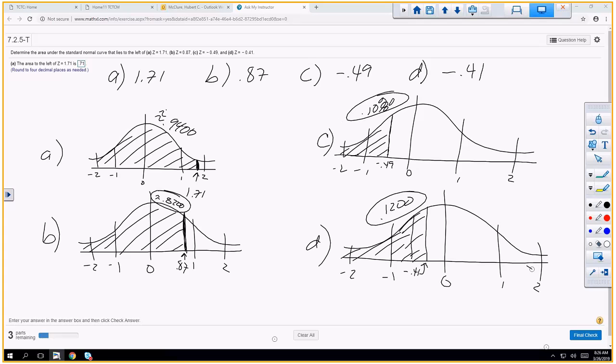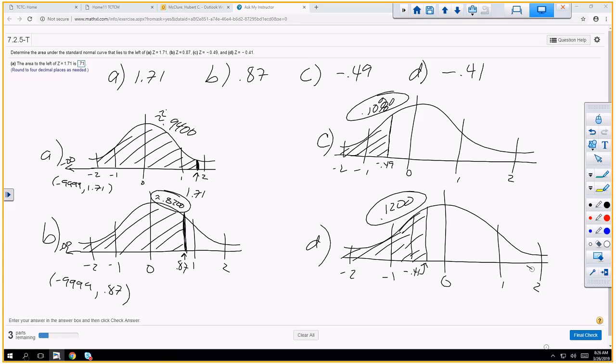Now, somebody type in normal CDF, and what's this arrowhead down here called? Negative infinity. So that's going to be negative 9999, comma, 1.71. This is going to be negative 9999, comma, 0.87.